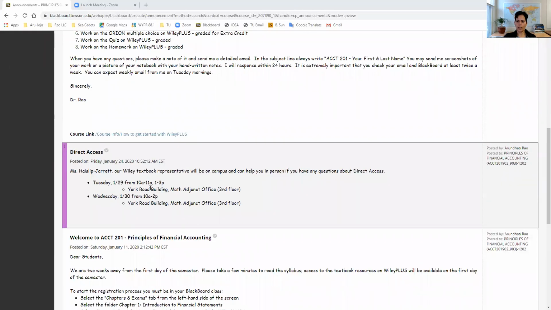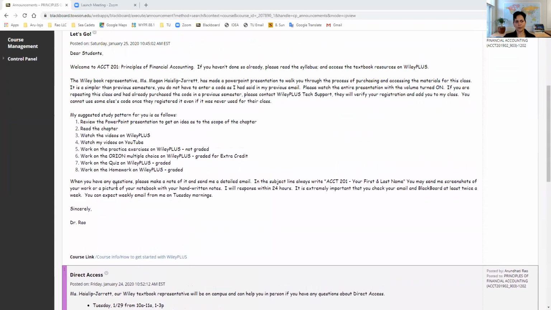So let me start with the one that I had yesterday. This is about an individual, Miss Megan, who is the Wiley book rep, who's going to be available on Monday and Tuesday to help us in case you need help with getting started with Wiley Plus. I'm going to walk you through it today, and I think it should be fairly easy and you're not going to have a problem.